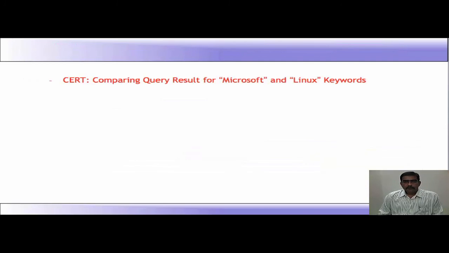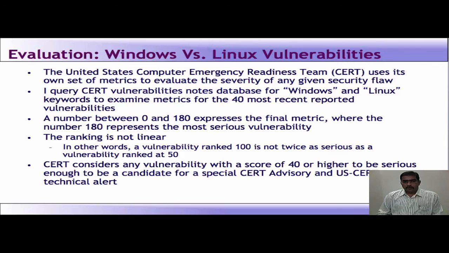Now, Computer Emergency Response Team, US-CERT, comparing query results for Microsoft and Linux keywords. So, when you are evaluating Windows versus Linux vulnerability, the US Computer Emergency Readiness Team uses its own metrics to evaluate the severity of any given flaw. Now, I queried the CERT vulnerability notes database for Windows and Linux keywords to examine metrics for the 40 most recently reported vulnerabilities.